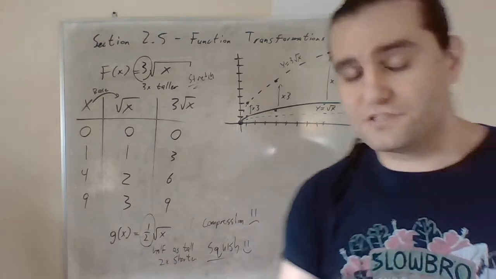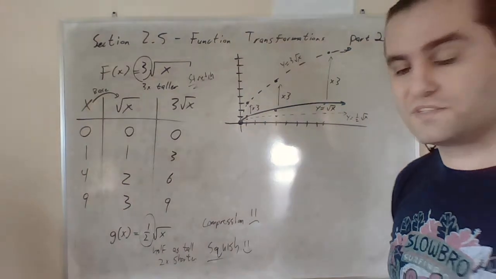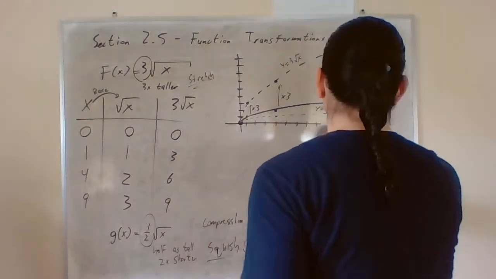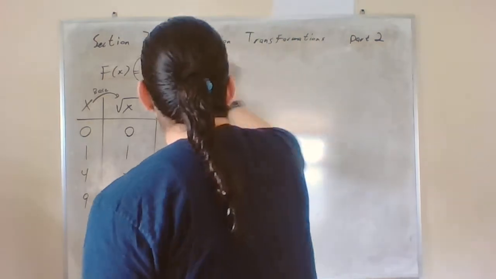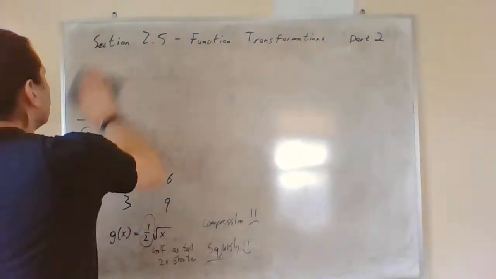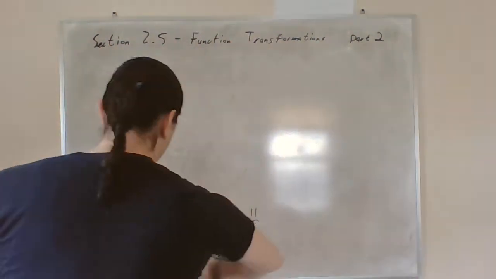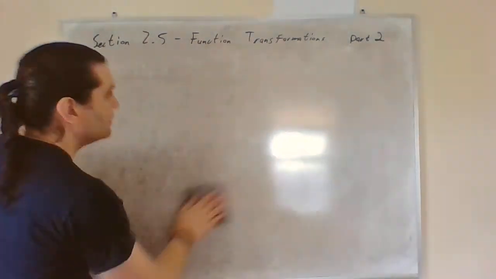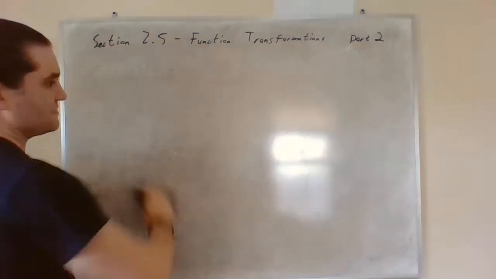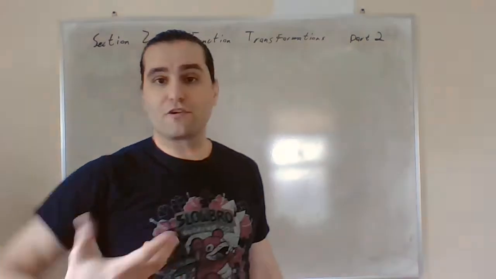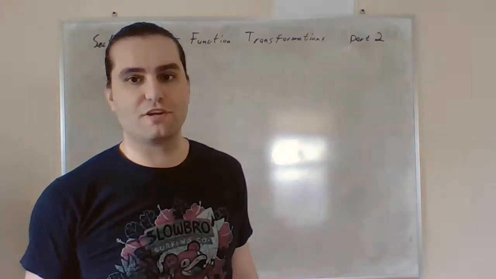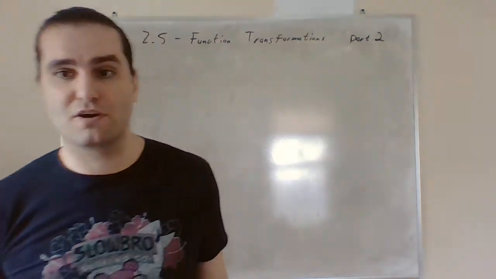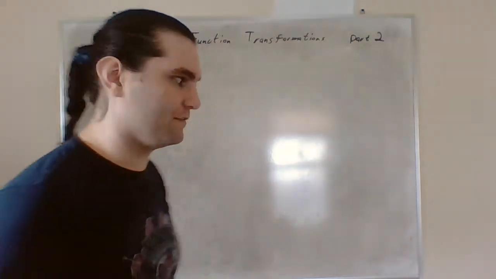So, let's talk about horizontal squishes and stretches. Just like in the last video, the vertical transformations are what happens on the outside of the function, and the horizontal transformations are what happens on the inside of the function.